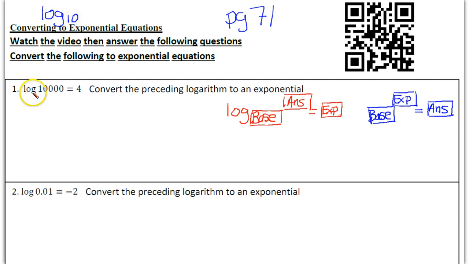When they have log without a base, it is the common log, base 10. So we want to see what is our base here. Well, our base here is 10. Now, base exponent. Well, in the log form, the exponent is here. So that'll be to the fourth. And now this is in the position of answer, and that'll be 10,000.